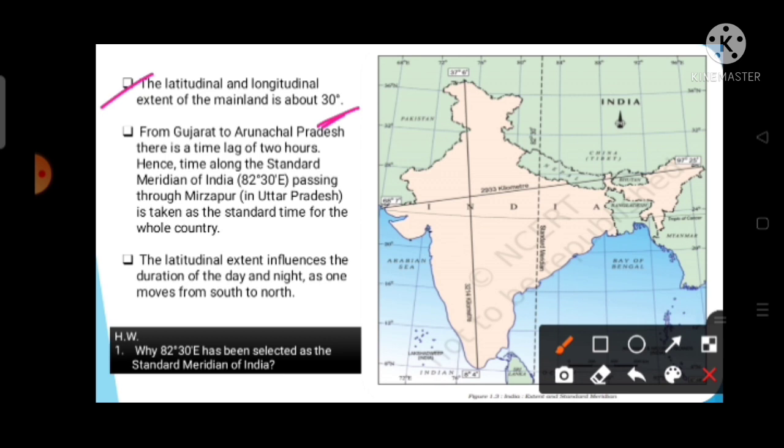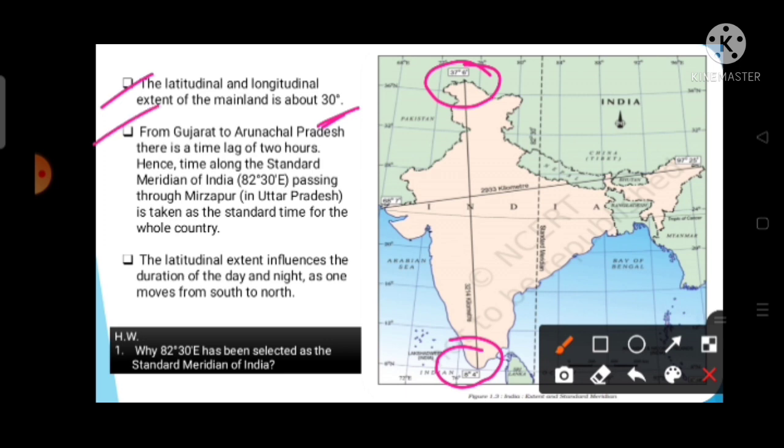So, the latitude is here 8 degree 4 minute north and 37 degree 6 minute north. If you subtract these, you can say that the difference between latitudes is 30 degree. That means latitudinal and longitudinal both extension of the mainland is about 30 degree.